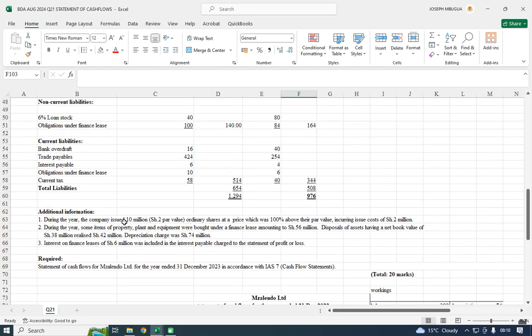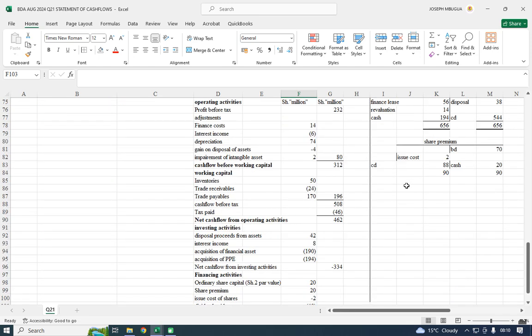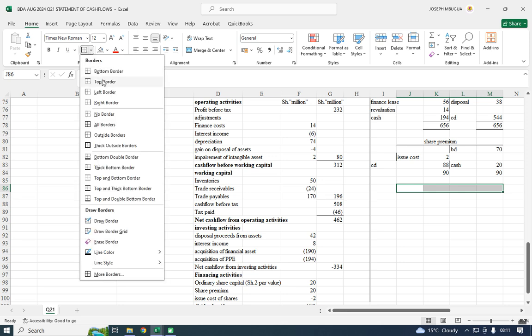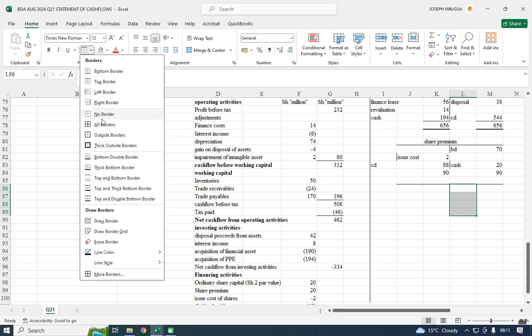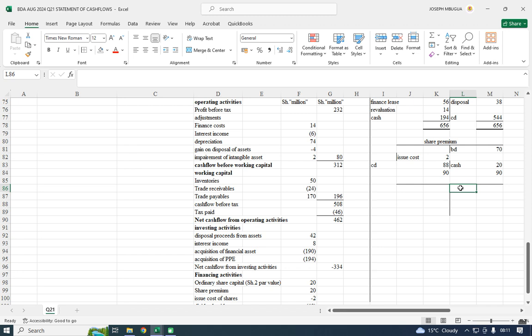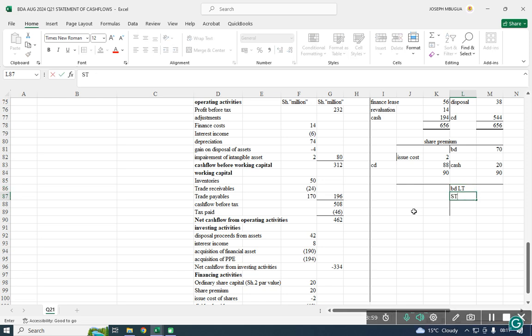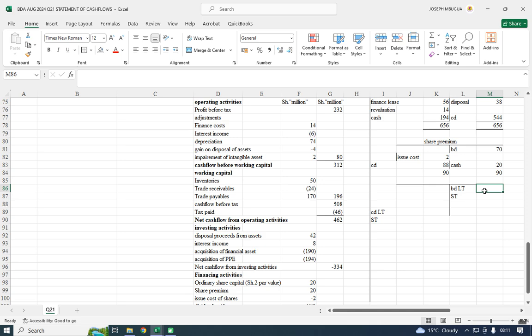For the obligation under finance lease, if I can open this as an illustration, there are two of them: the long term and the short term, or non-current and current.